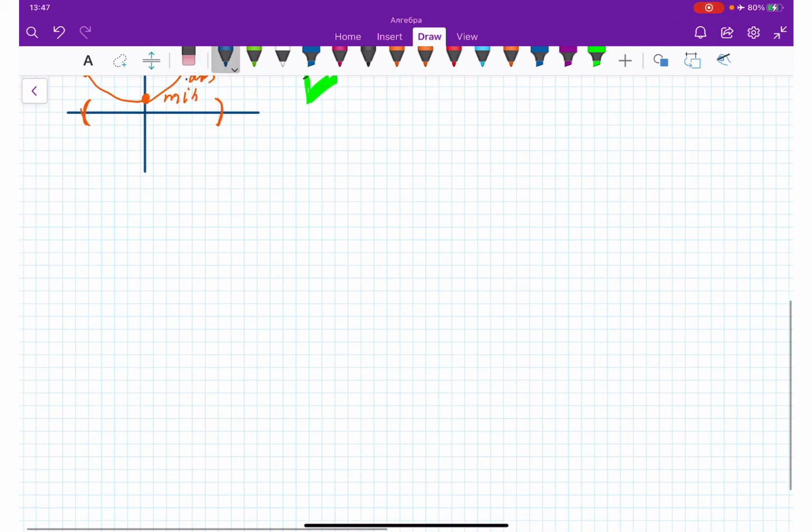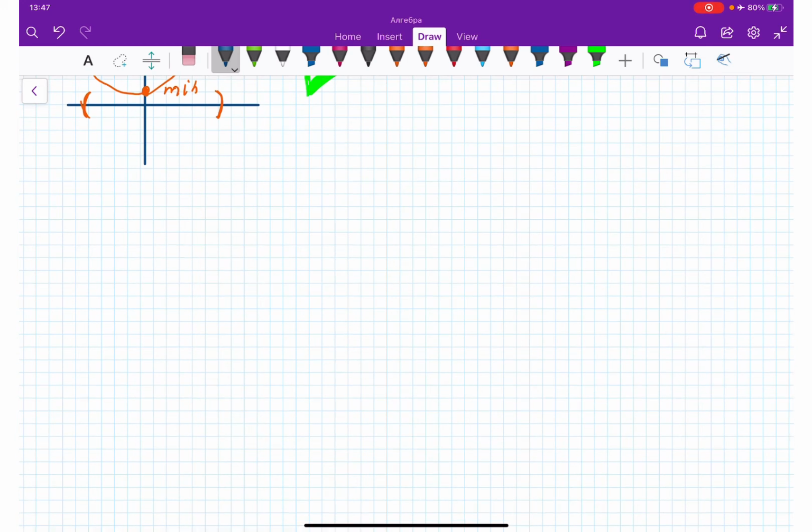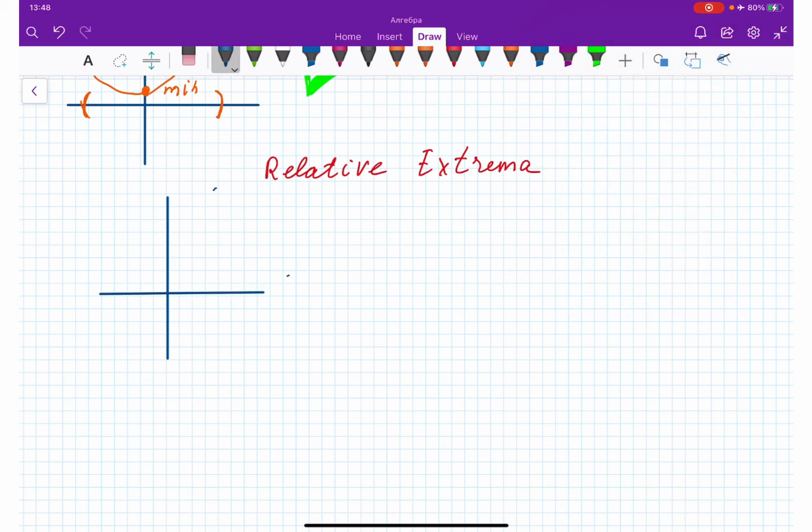So when we have a graph, and the graph goes like that, we have open, right?